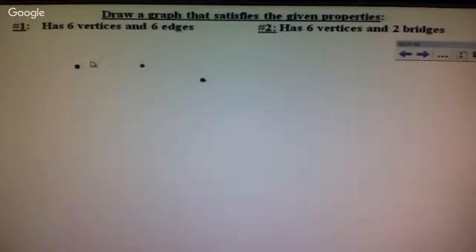Be careful, it says 6 vertices, you have 7. Guys, you have got to be careful. If it says 6 vertices, you can only have 6. You can't have 7, you can't have 5. It has to be 6. Okay? So, this one works for number 1.